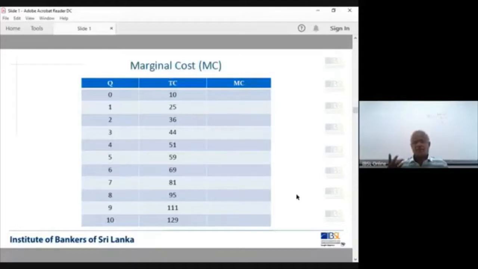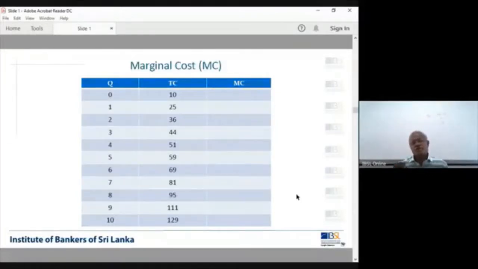For example, 25, the first unit. 2 units cost 36. Therefore, what is the marginal cost of the second unit? 36 minus 25 divided by 2 minus 1. That is 11. Marginal cost of the second unit. Third unit, 44 minus 36 divided by 3 minus 2.